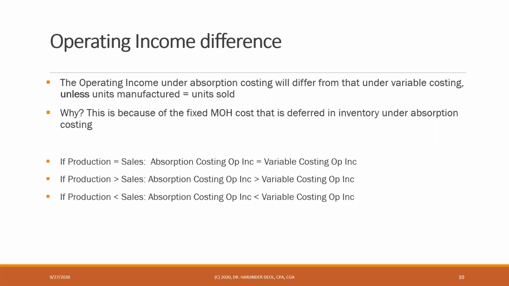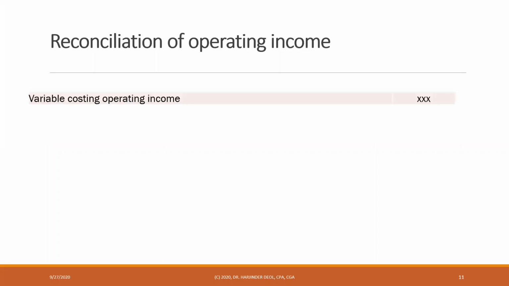When we are looking at the difference in operating income under both of these methods, when we are trying to reconcile that, the difference has to do with the fixed manufacturing overhead piece. So we look at our variable costing operating income, the operating income coming from your variable costing income statement. Then we adjust for our ending inventory movement.